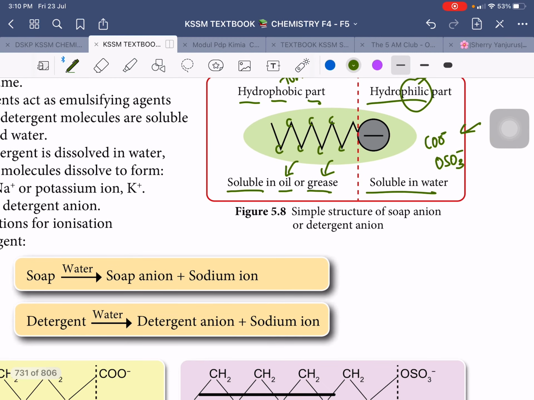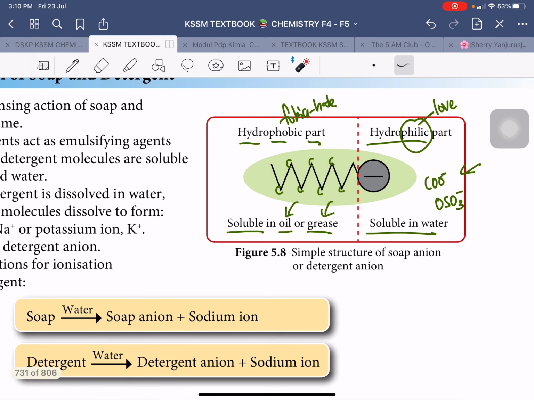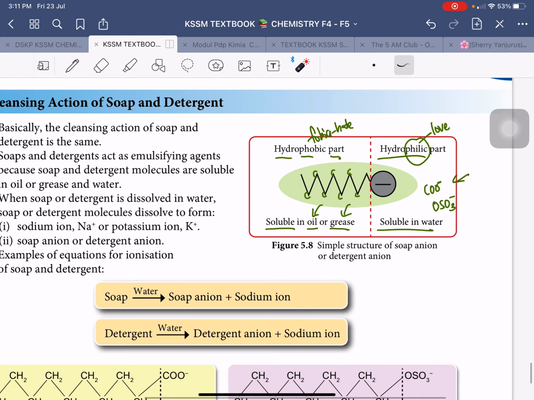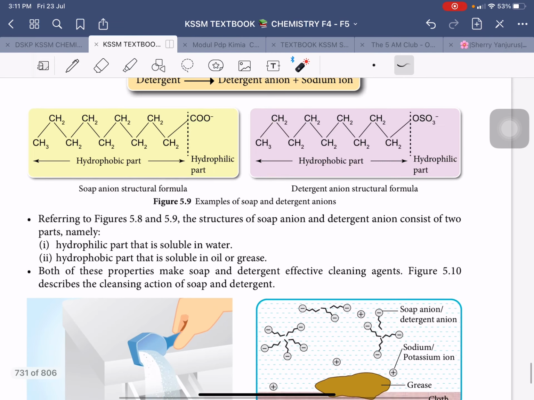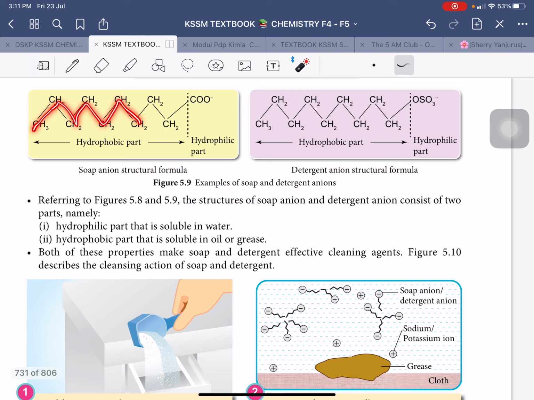It is very important for you to understand this sebab nanti kamu akan ditanya tu, which part can be soluble in water, which part is not soluble in water. Begitulah. Okay, so this is the structural formula for soap and this is the structural formula for detergent. Begitulah beza dia, COO dengan OSO3 minus. Ingat the ekor is the hydrophobic part, tidak suka air.